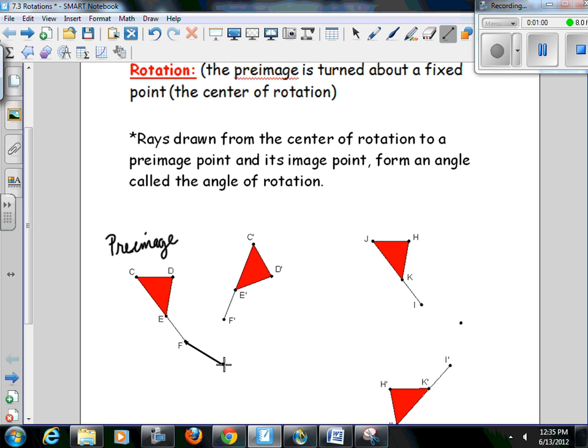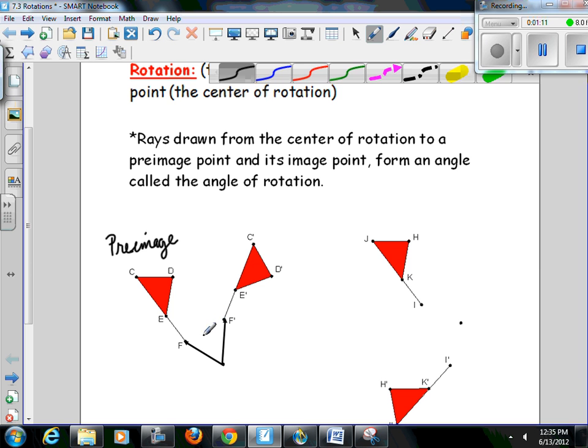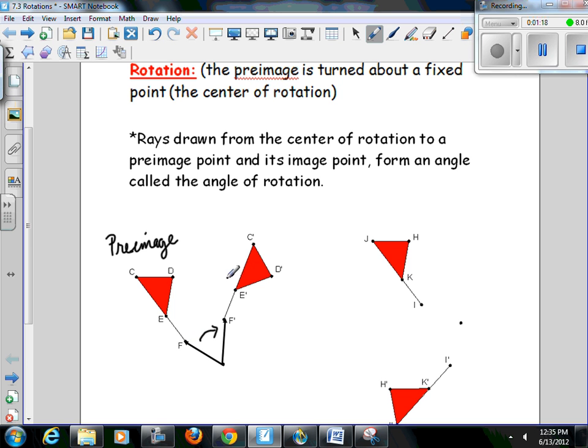The first ray is drawn to the pre-image, and the second ray is drawn to the image. And here we create an angle of rotation. So basically we're just rotating this particular figure, this flag, and we end up with our image as our new figure. So that's all we've done, we've rotated it.